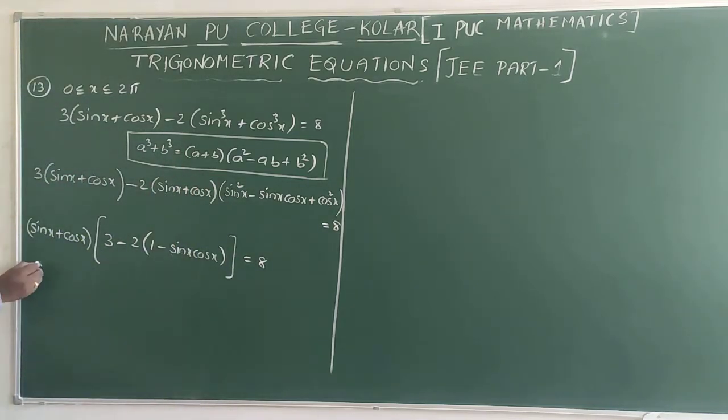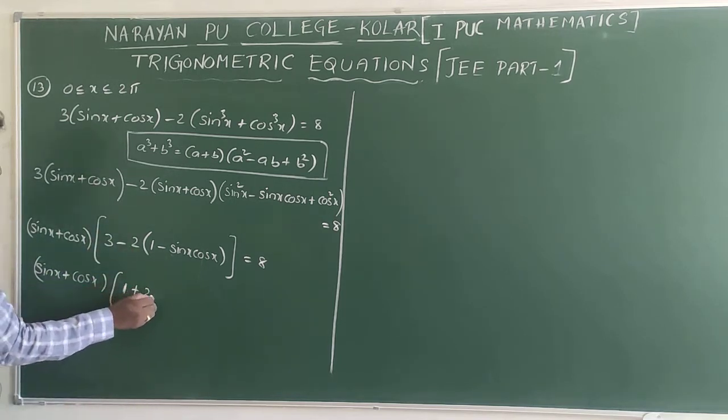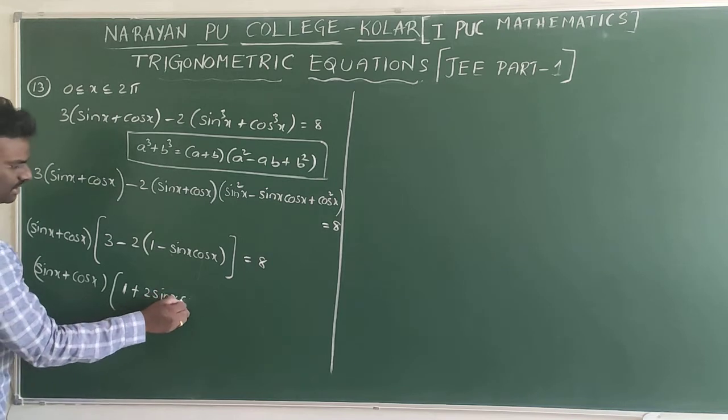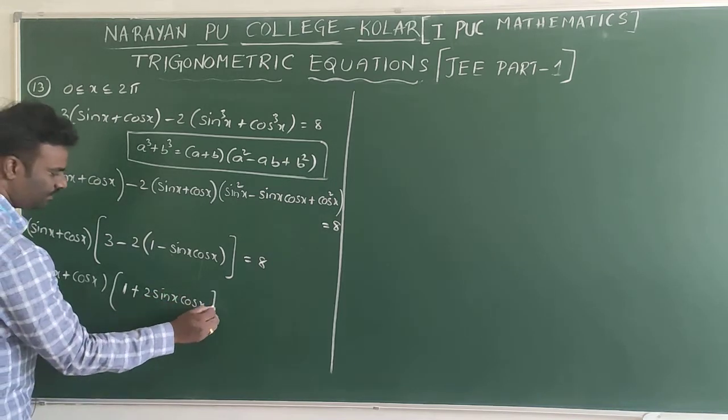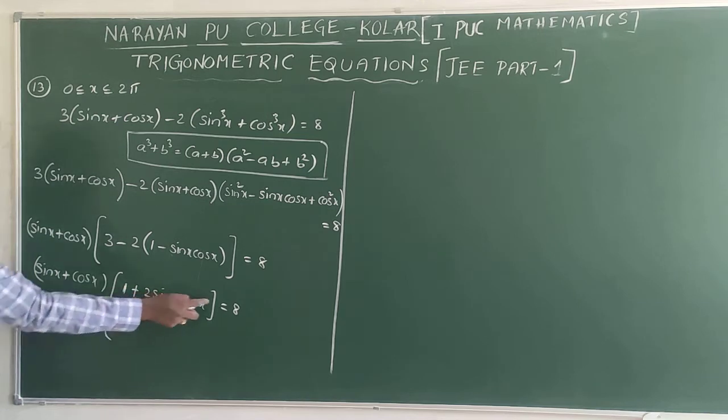Now sin x plus cos x, if you simplify 3 minus 2, 1 plus 2 sin x cos x, is equal to 8. Now sin x plus cos x into this can be written as sin² plus cos² plus 2 sin x cos x.